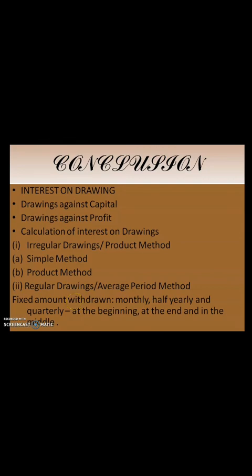A practice problem is given to you as a test paper, so do that. In notes, some problems are given which is from your textbook exercise, so copy it in your accountancy notebook. Practice more problems for better understanding.